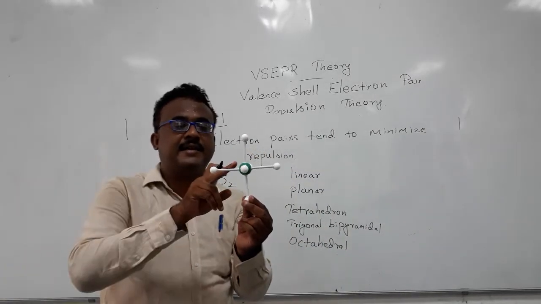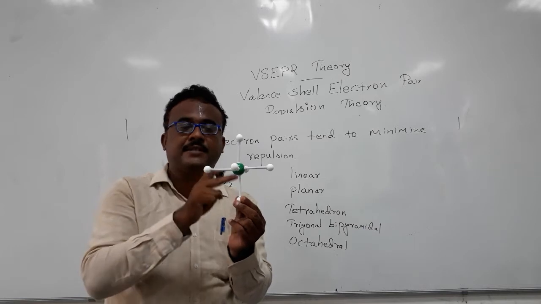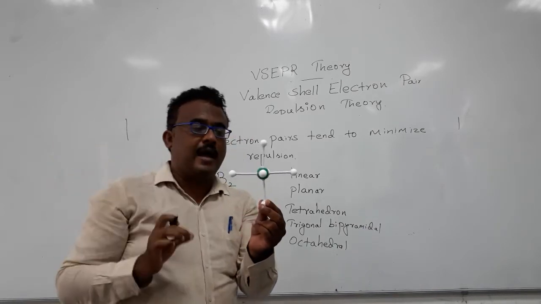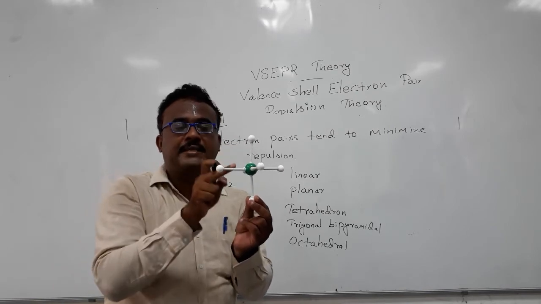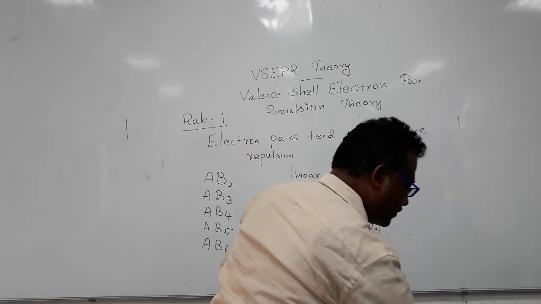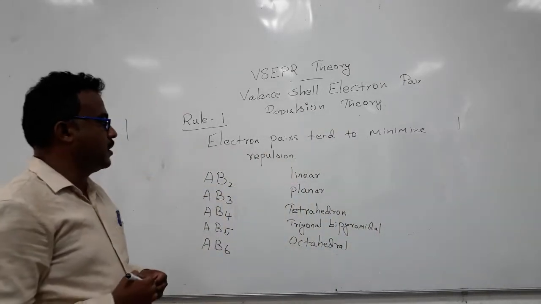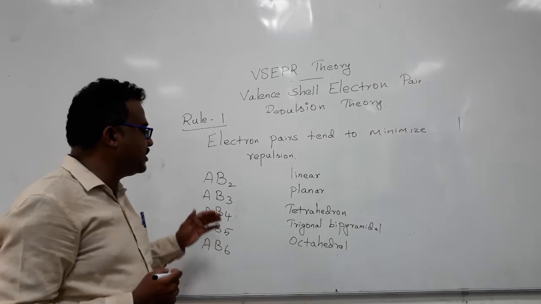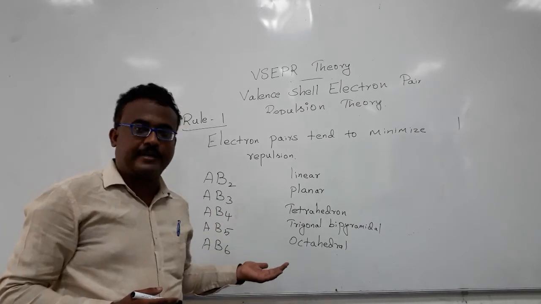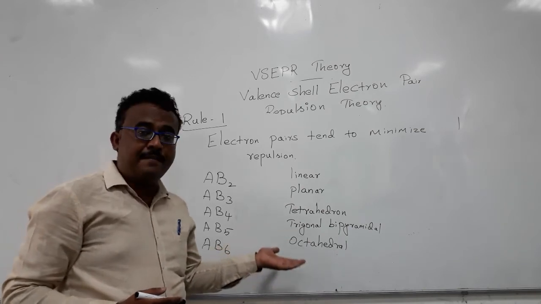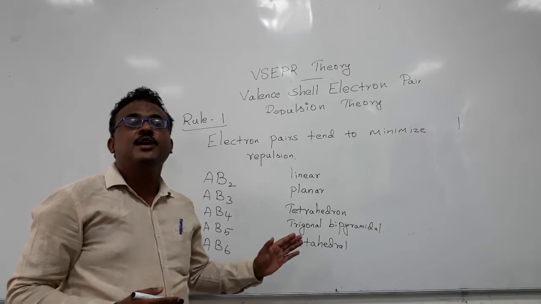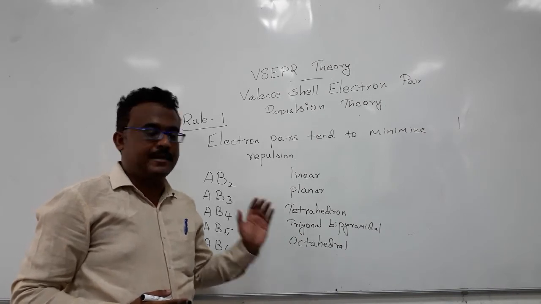In this case, the central atom is attached with 6 atoms, all the bond lengths are the same, and the bond angle between any 2 is 90 degrees. If you replace any one of the atoms by a lone pair of electrons, then the geometry will be almost similar, but the shape of the molecule will change depending upon the repulsion.